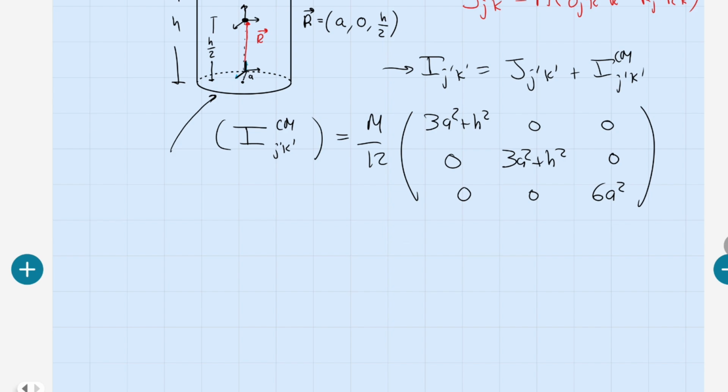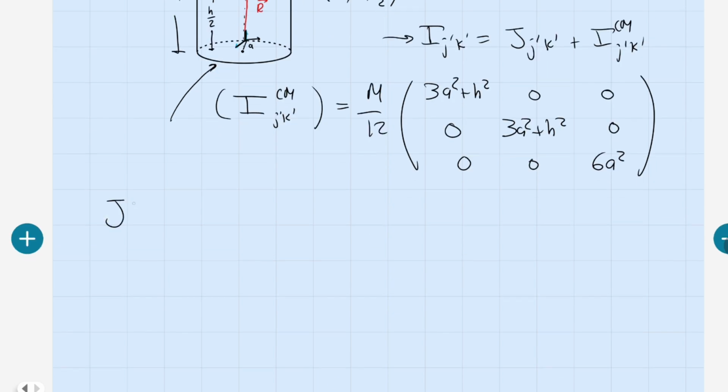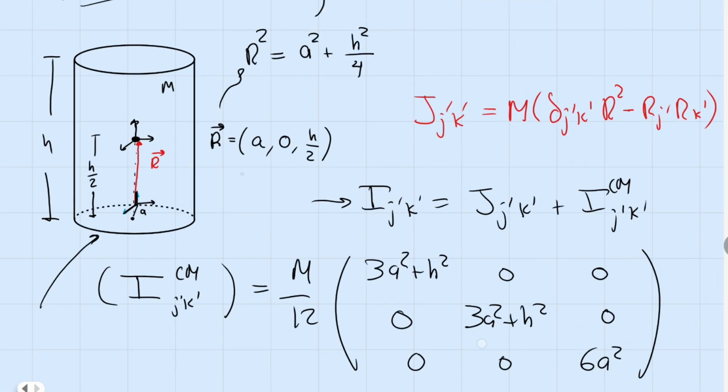So let's do it. We're going to start with the 1,1 component. J11 is equal to the mass of the cylinder times the Kronecker delta 1,1 that multiplies r squared, minus r1 r1, but r1 is a. This is the vector r1, r2, r3.